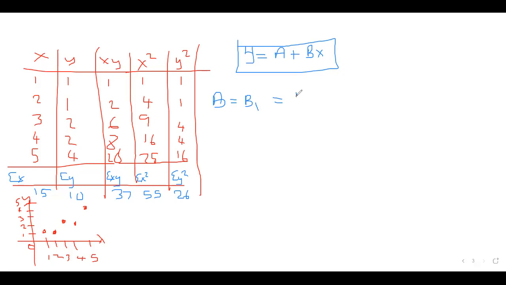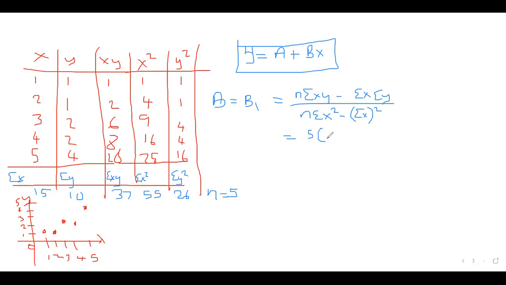The formula is n times the sum of xy, minus the sum of x times the sum of y, over n times the sum of x squared, minus the sum of x all squared. We have everything there, except that you need to know that our n is 5 because the number of pairs is 5.